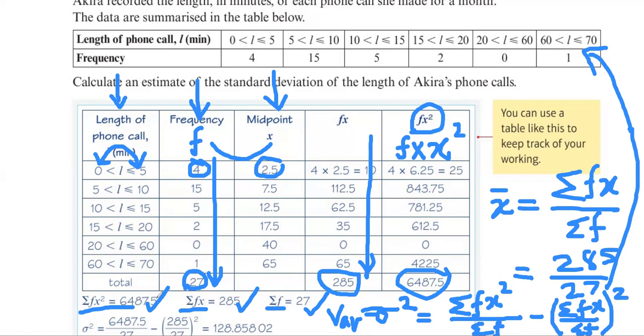Okay. Sigma fx square there. Then sigma f equals 27. Then minus 285 over 27, whole thing square like that. Final answer is 128.85. Then you have to find sigma. Muthu, how to find sigma from that? Square root of that. Square root of 128.85 equals sigma.